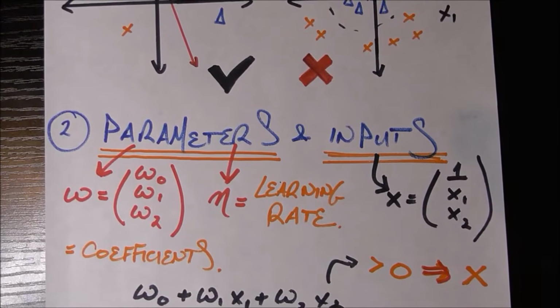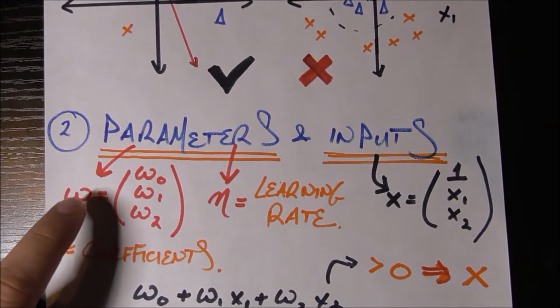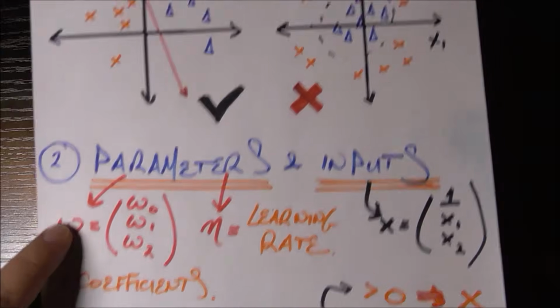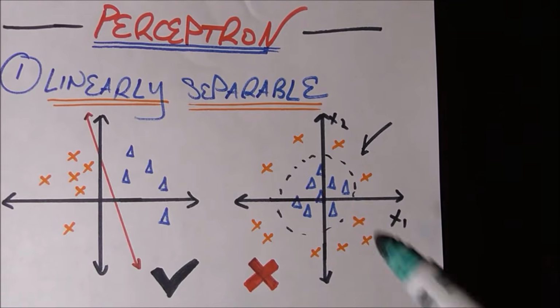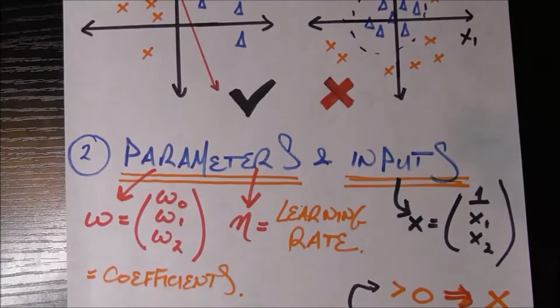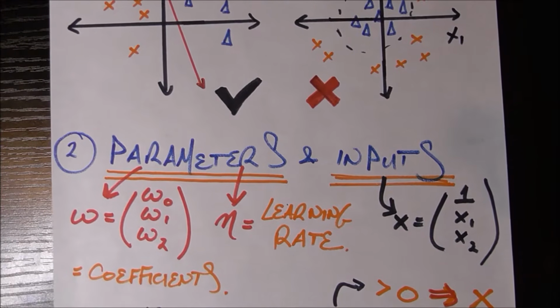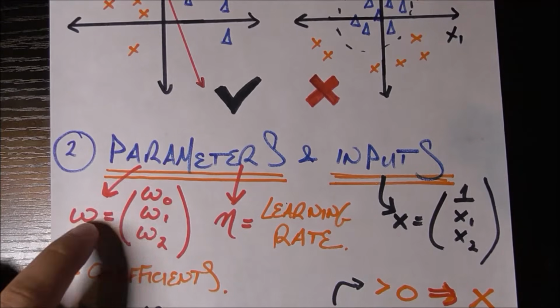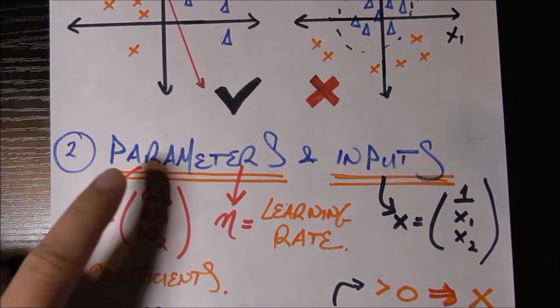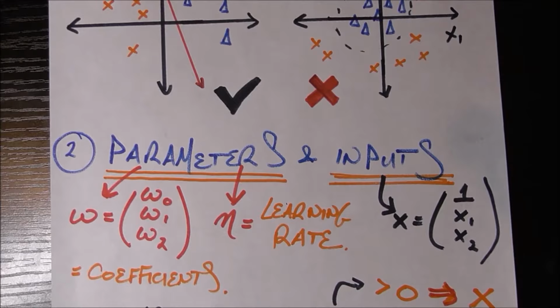So let's go to the parameters first. The first one is omega, which is a vector with the number of dimensions you have plus one. Here we're working in 2 dimensions, so we have 3 elements in omega. The reason we have one more than the dimension is because we need a constant term, but that'll become clearer in a second. So omega consists of omega naught, omega 1, and omega 2.